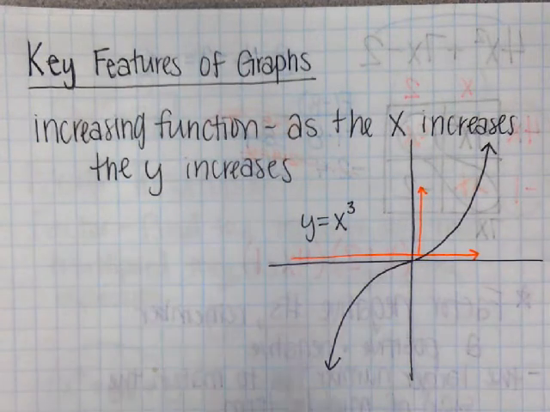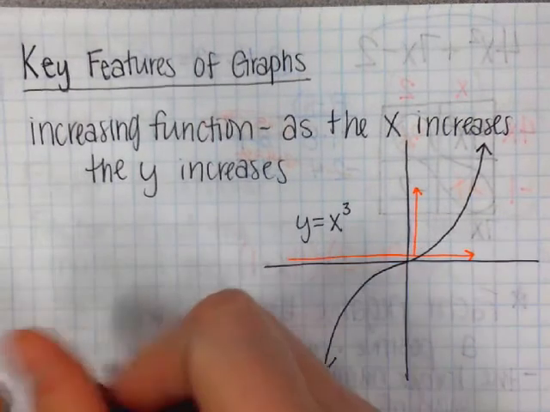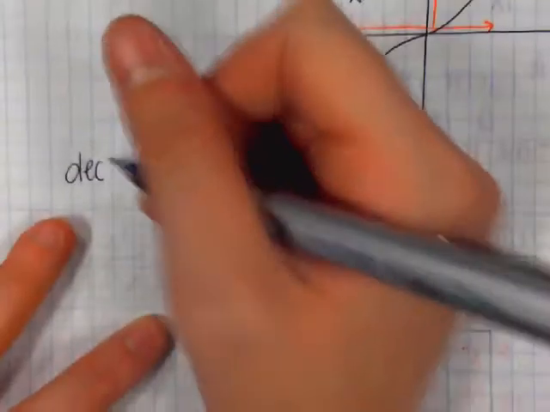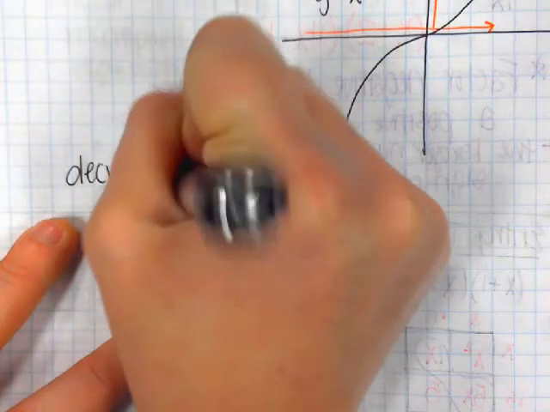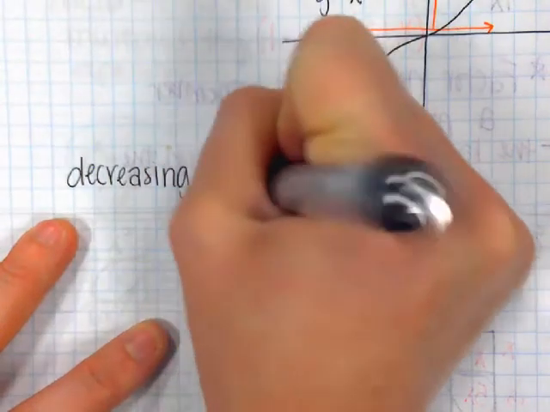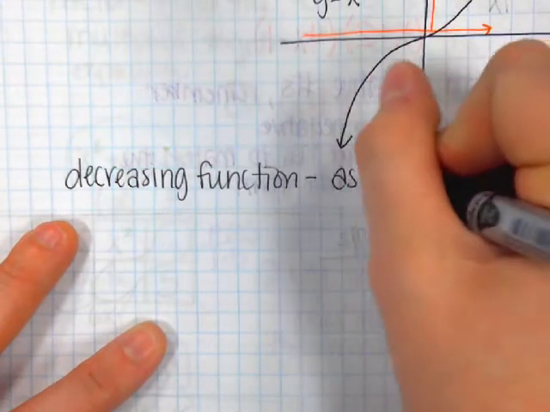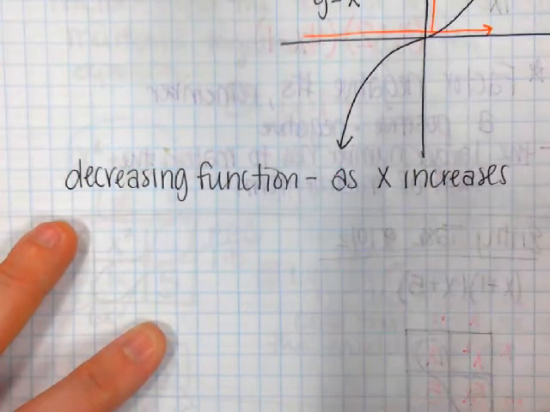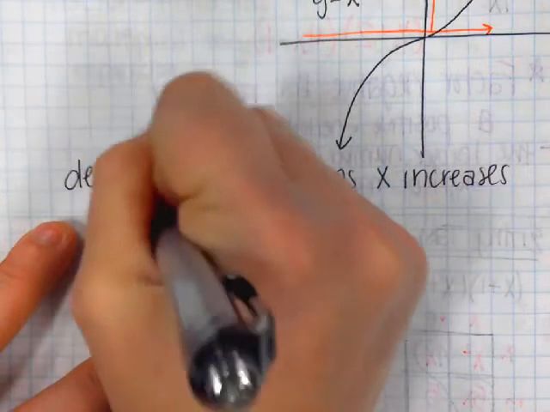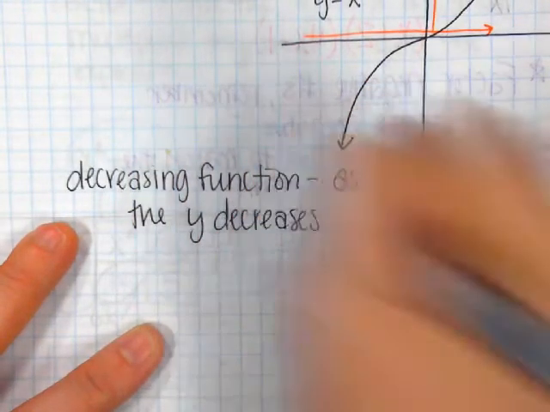Then we talk about decreasing. Decreasing is just the opposite of that. Decreasing function: as x increases, the y decreases.